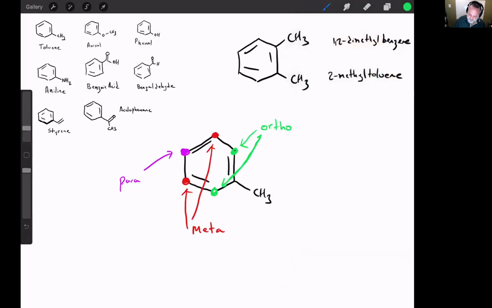We could have called it, instead of using a number to identify the location of this other methyl group, we could have just said that it's ortho methyl toluene, and even we just shorten that to O.